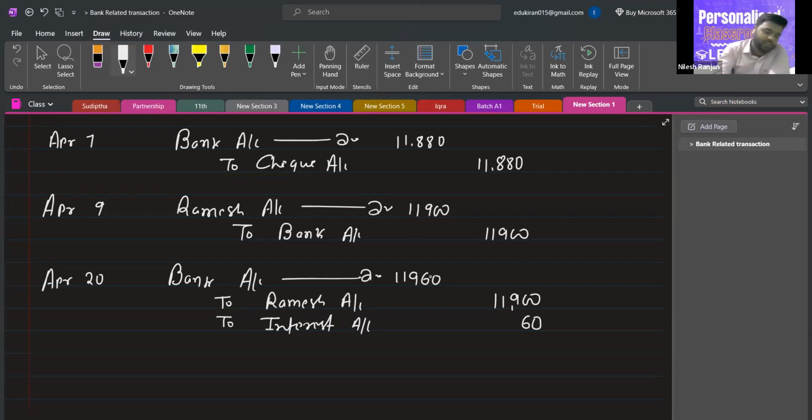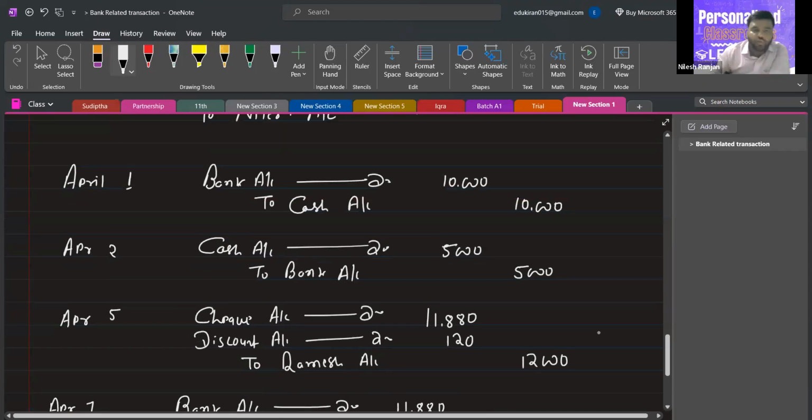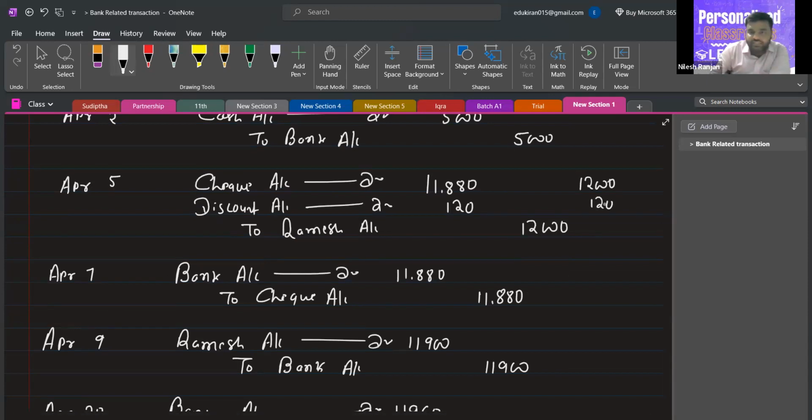But can you see the entry and the amount of the entry? 12,080. That's why I told you that the question is taking the whole amount here. It is taking this 12,000 on the debit side, 120 as discount, and the total amount as 12,120.